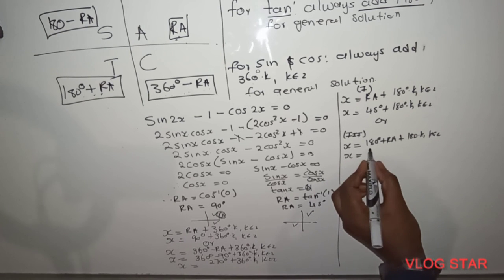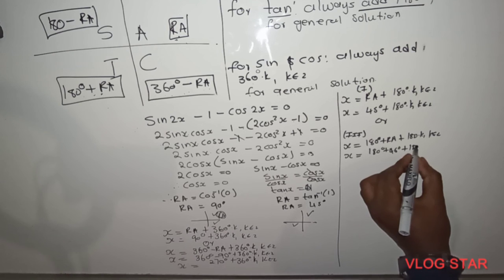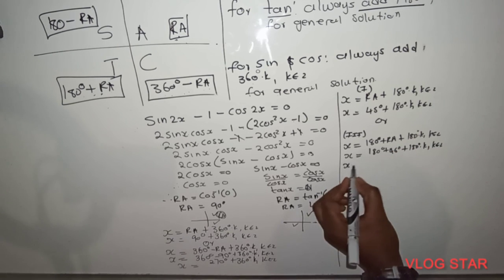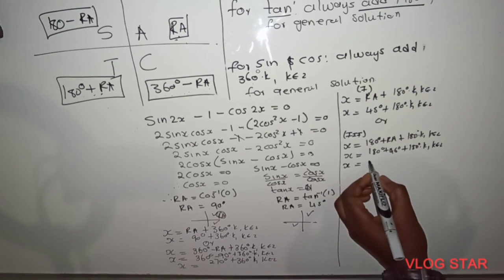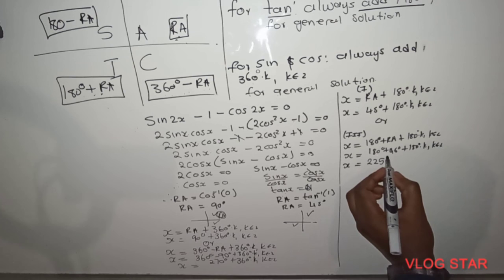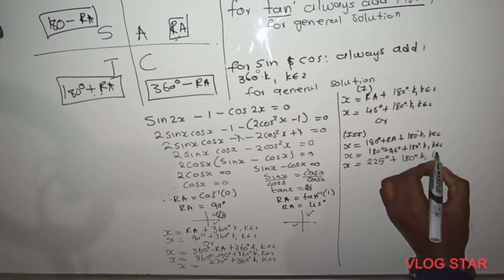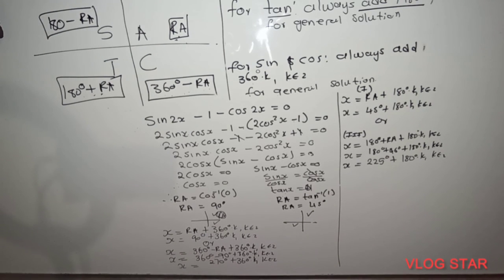We substitute the RA as 45 degrees, and combine 180 plus 45, which gives us 225 degrees plus 180 degrees dot k, k an integer. This is how we solve the general solution without a restriction.